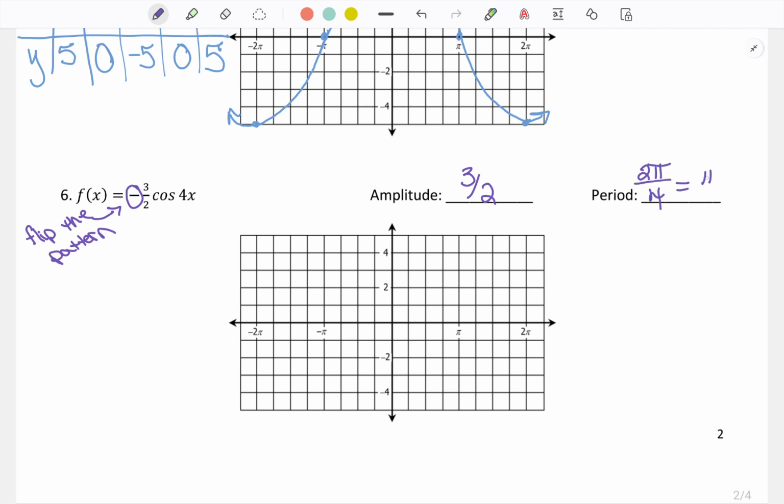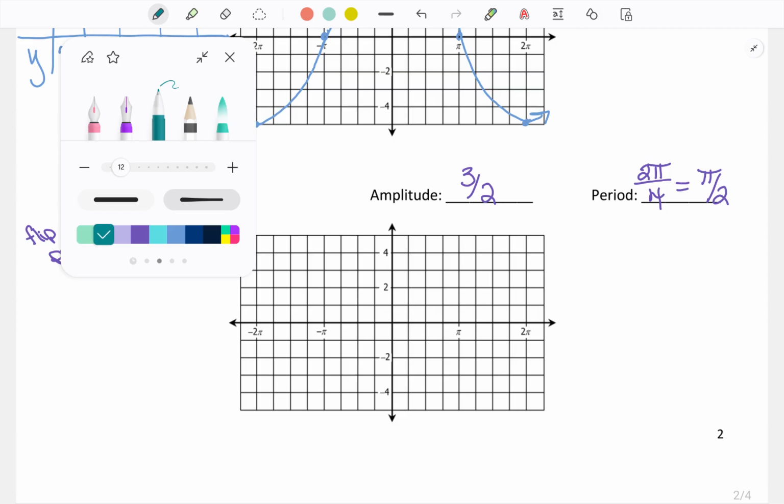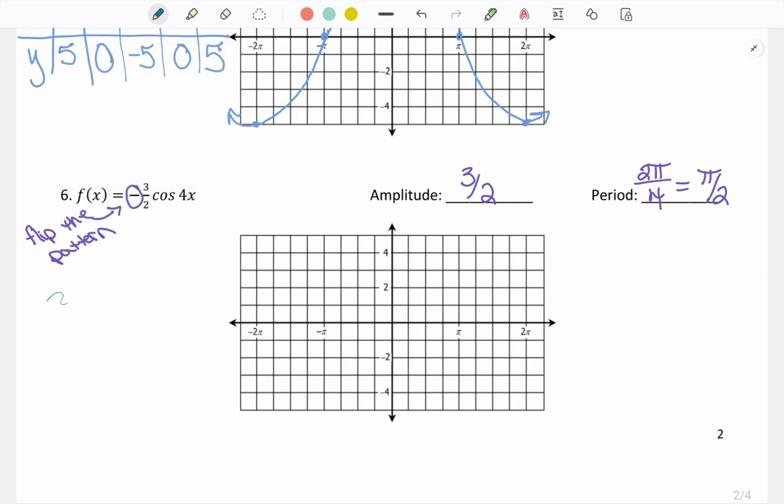So our period is actually pi over 2. So it is actually only 2 blocks wide. So for our pattern, we are flipped over. So this is cosine. So instead of high, we are going to be low, middle, high, middle, low.